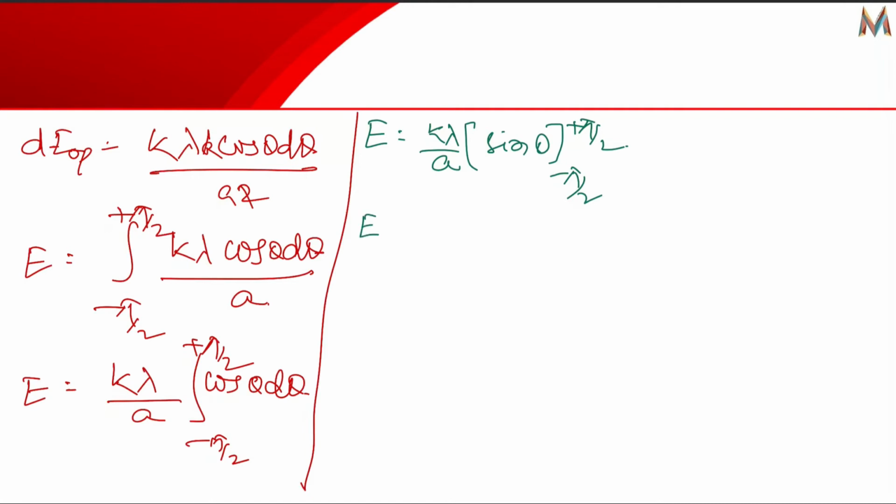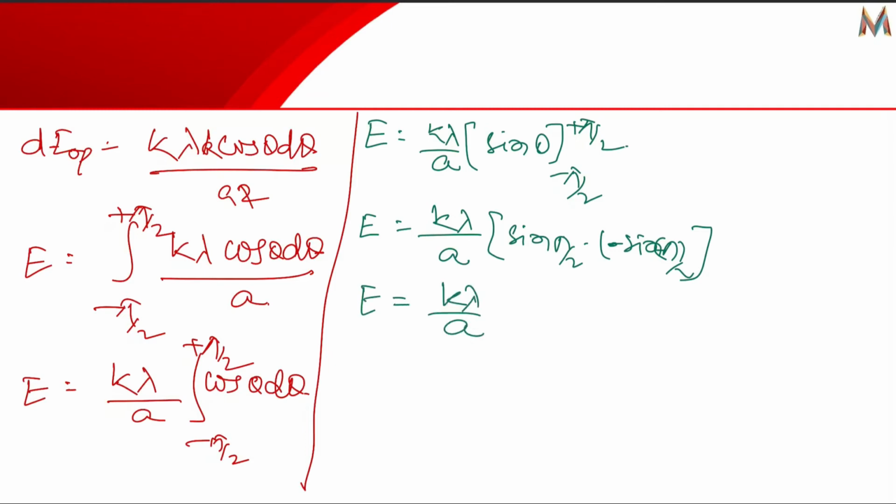So E equals K lambda by A, and if we put in the limit, it will be sin pi by 2 minus sin of minus pi by 2. So finally E equals K lambda by A times 2 sin pi by 2, and we know that sin pi by 2 is 1, so it finally becomes K lambda by A into 2.